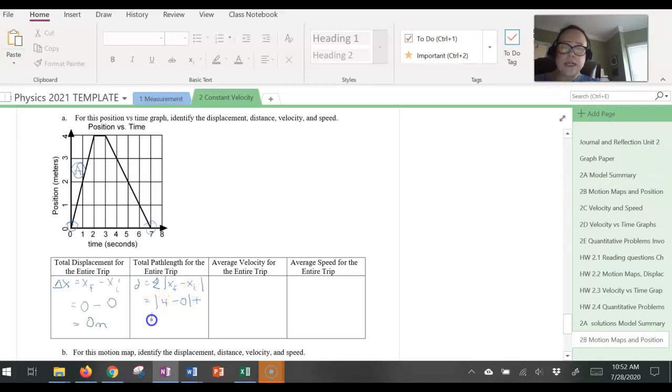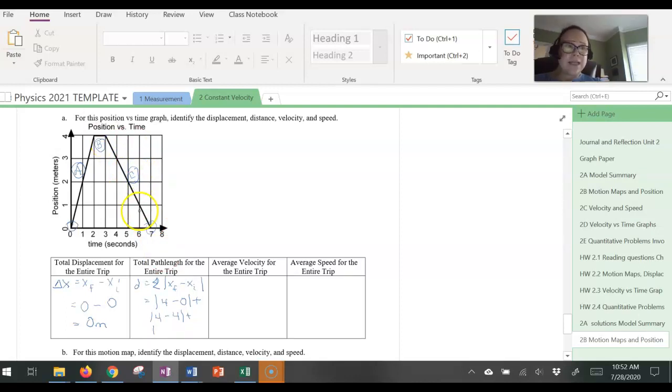And then I want to add the absolute value for the second part of the trip, which I'm labeling B up here. It ended at 4 and it started at 4. And then I want to add the absolute value of the displacement for part C of the trip.